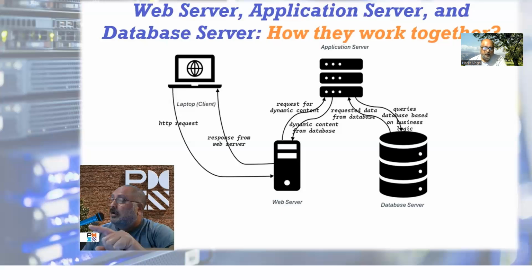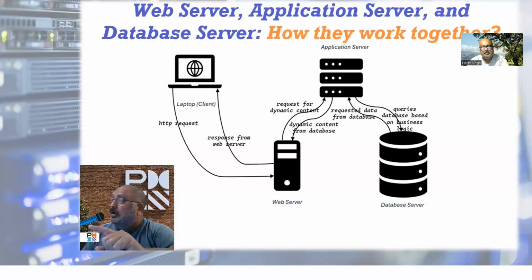And what happens is, if the requested information is static, that means it doesn't require further processing or further querying. It's already available there with the web server, and it delivers it back to the requesting client.